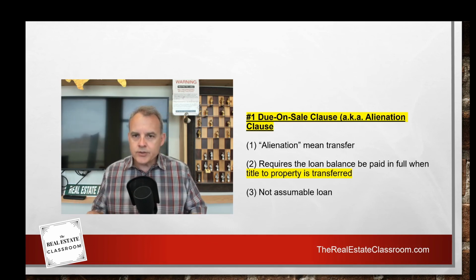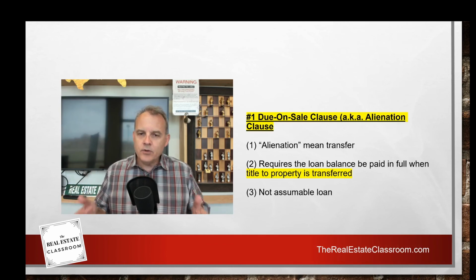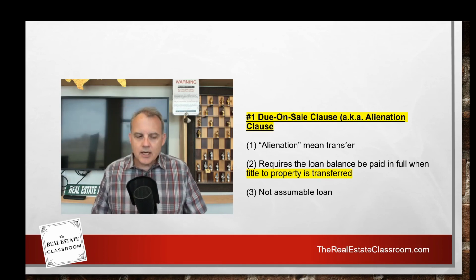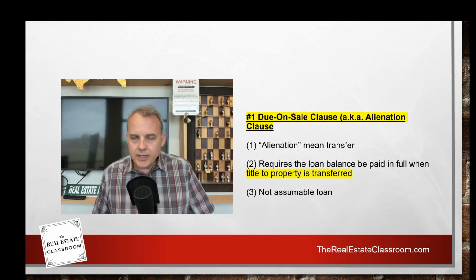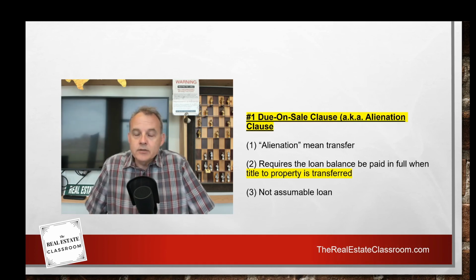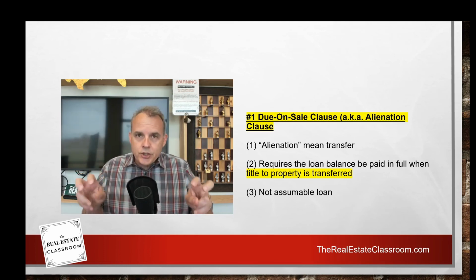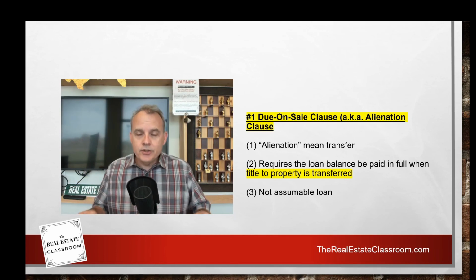So the loan balance will have to be paid in full if title to the property is passed. And this is interesting because most of the time people will just say, well, that means that the loan is paid off, but that doesn't really necessarily always mean that. So for example, it is not very common, but a lot of investors like to use this somewhat shady technique of what we call taking a property "subject to," meaning subject to the due on sale clause not being invoked by the lender.